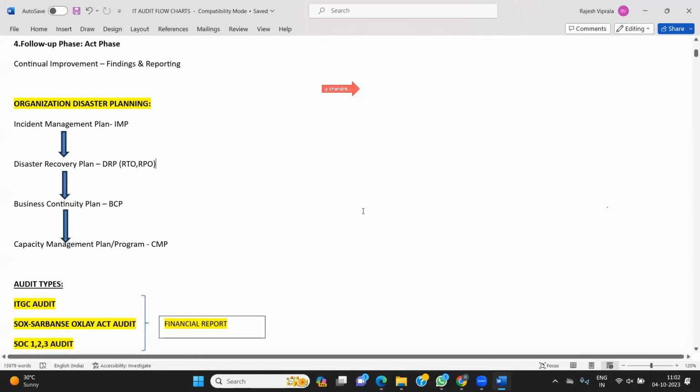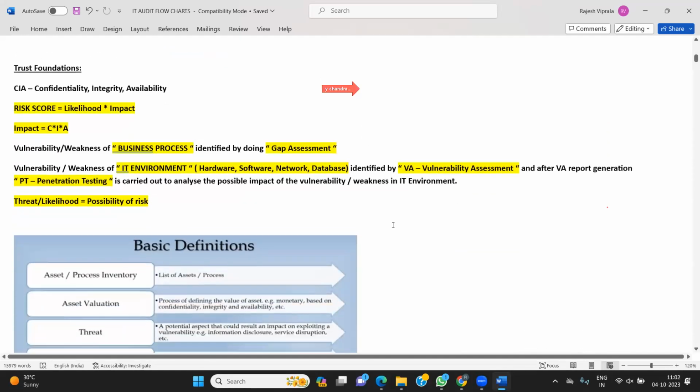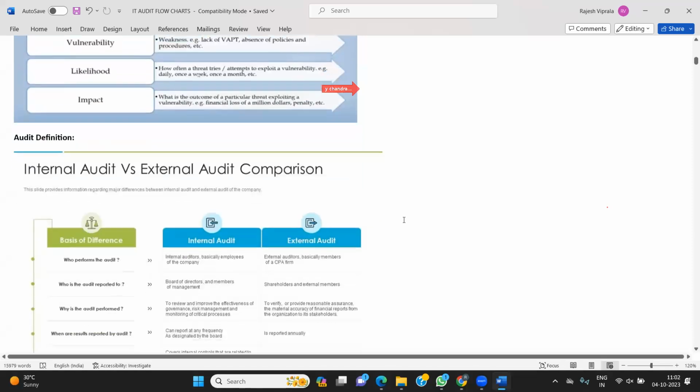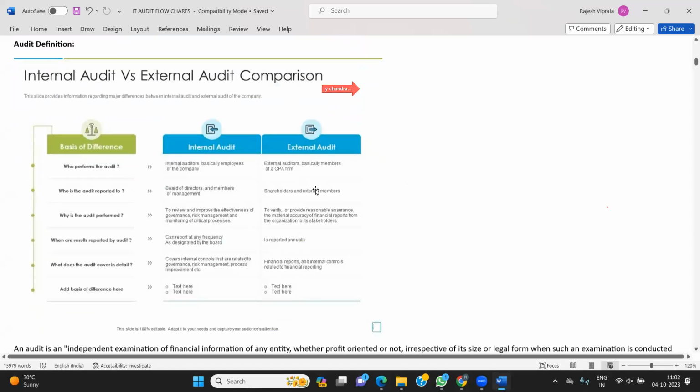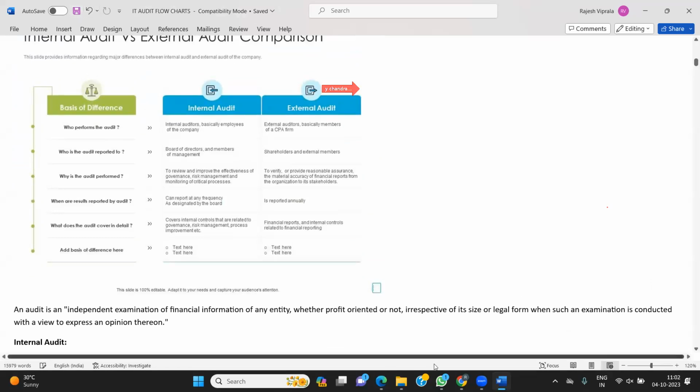So I have covered these things, and I will start distributing the material. We have already discussed internal and external audits as well. So that's it for the day, and I hope you have enjoyed today's class and learned something new and noted it down in your books.